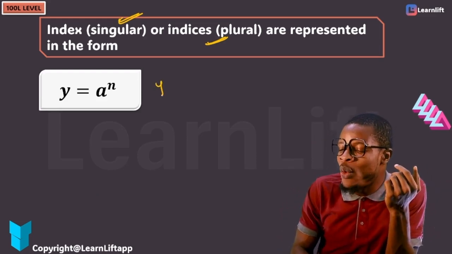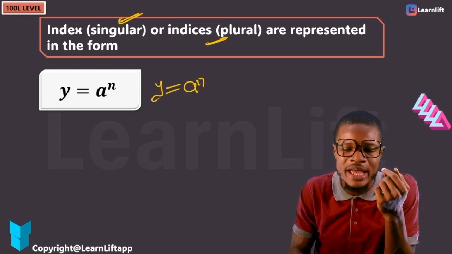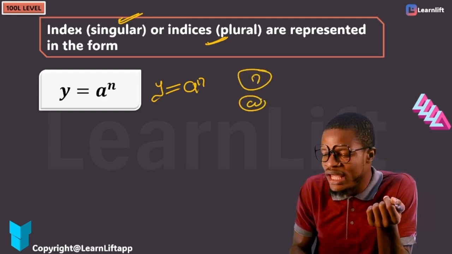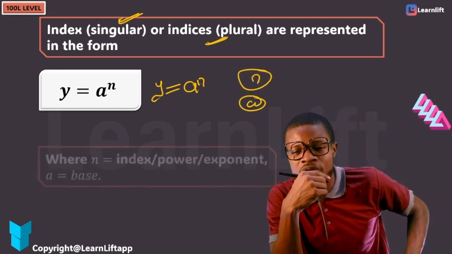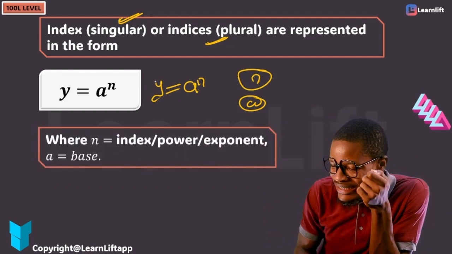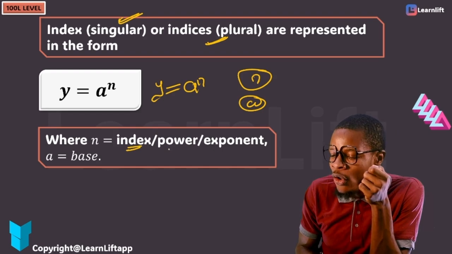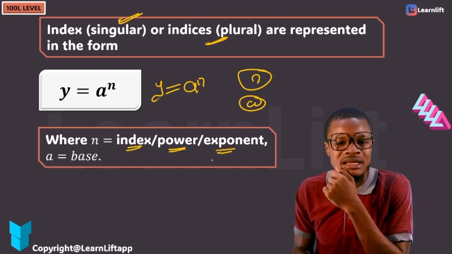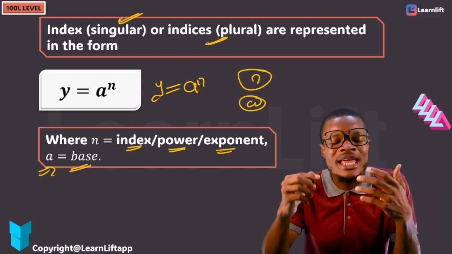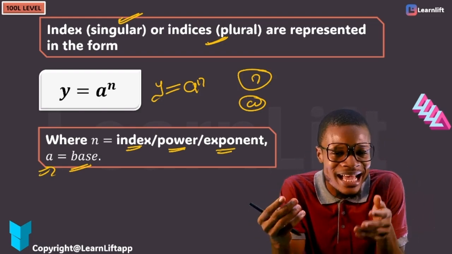So if I have y equal to a raised to the power of n, what is the meaning of the n there? What is the meaning of the a there? This is very simple. Take note that n there is the index or your par or your exponent, and a there is nothing but the base. When you hear a, what is a there? A is the base. Are you getting me now?